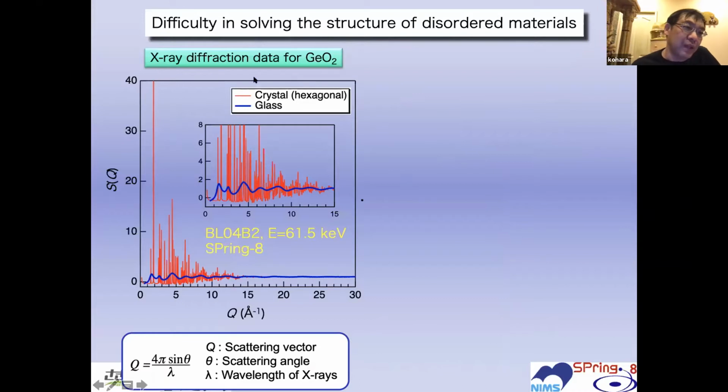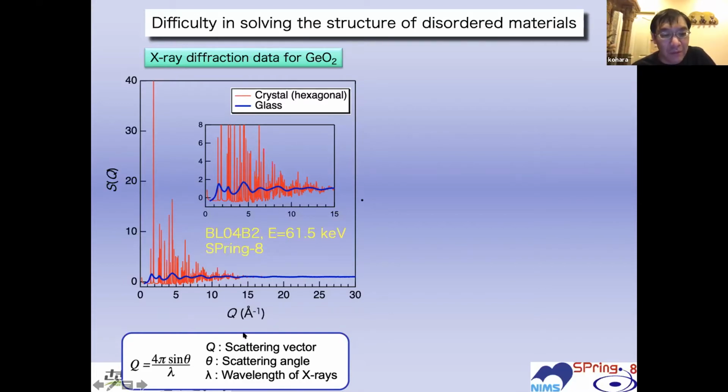This figure shows the X-ray diffraction pattern for germanium dioxide. The red line shows the crystalline data, and the blue curve shows glassy data. This is normalized data. We typically use the scattering vector instead of the scattering angle, which is normalized by the wavelength of X-rays or neutrons.